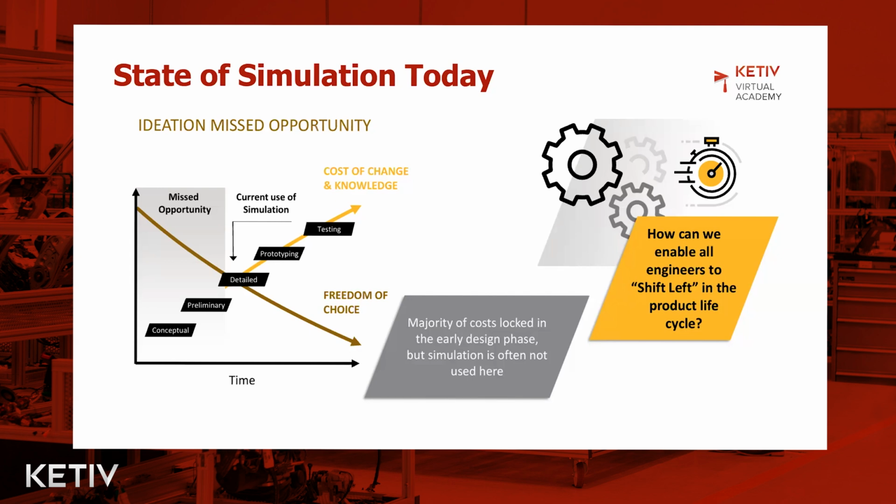When we get to the details stage just before prototyping, we'll probably use simulation. But when you use simulation at that point, what you're doing is trying to validate your design to see that it meets design goals and requirements. But truly, you haven't done simulation-driven design.